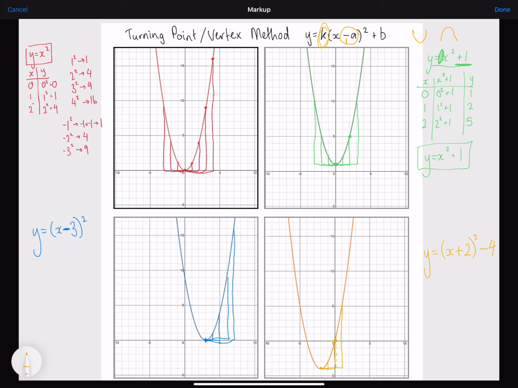Remember that this is opposite to what we would naturally expect. And this on the end is our vertical shift. So those 3 things I've circled in that formula are the 3 key features of a parabola or quadratic when we're looking in the turning point or the vertex method.